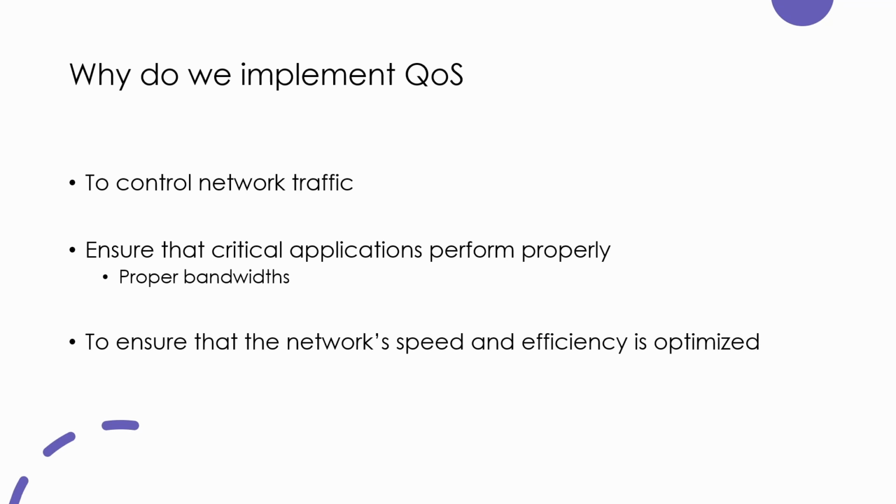The last reason to implement quality of service is just to ensure that your network speed and efficiency is the most optimal it can get to not affect other parts of your network.